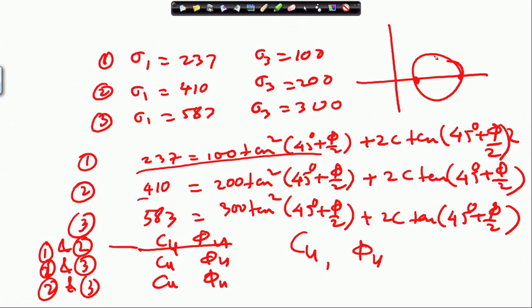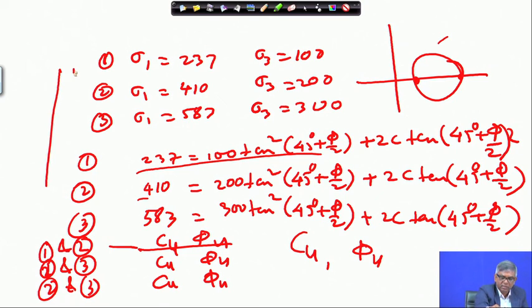The advantage is that you can directly read the value from the graph, whereas if you use a plain sheet and conceptually draw the Mohr circle, then you have to do a small calculation to find the stresses and other things. Or they can completely avoid this type of sketch and diagram and use these equations, set up the different equations, solve them and get the values.